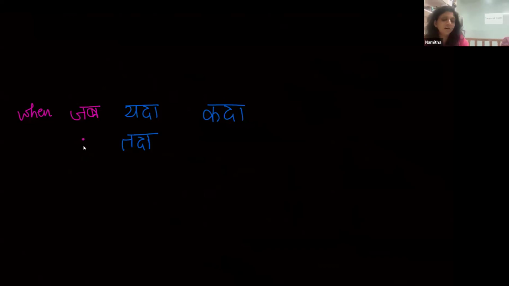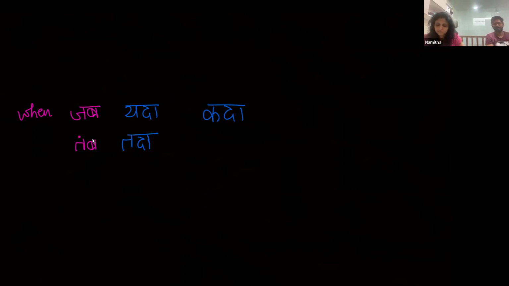It's not direct. It's a context shift. So we use kada only for both in Kannada, but in context it is either a question or a statement. Yada, tada would be jab and tab, when and then.